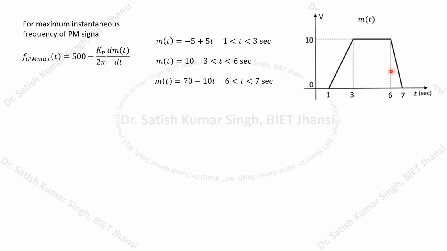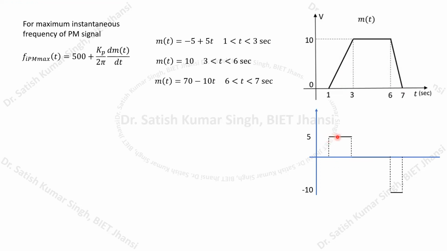So you can directly differentiate, or otherwise write these expressions and go on differentiating them. If you do this differentiation, or do it directly if you have good practice, you will find that the differentiation of this waveform has this type of waveform.